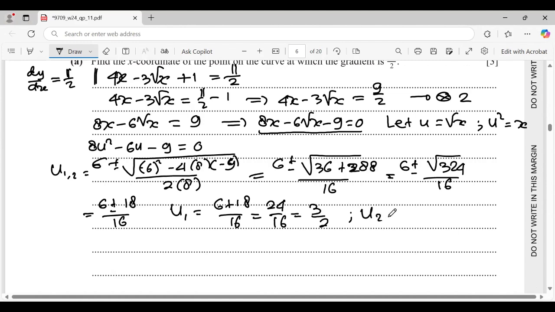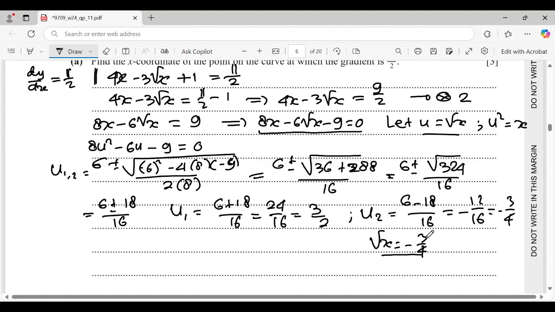And the second u equals 6 minus 18 over 16, which is minus 12 over 16, or minus 3/4. Since u equals square root x, square root x equal to minus 3/4 has no solution.